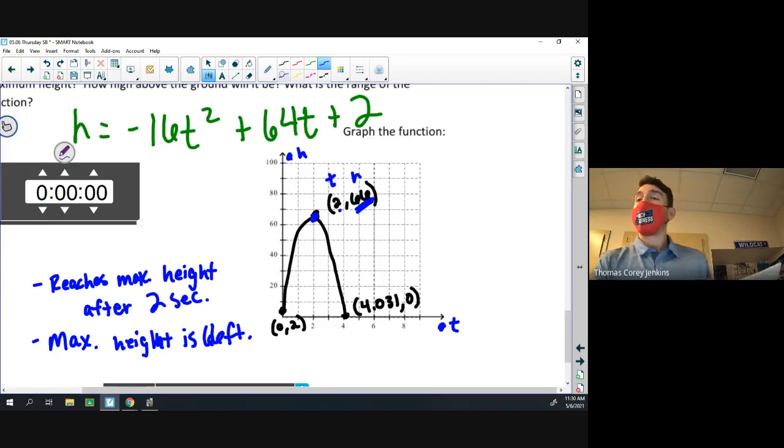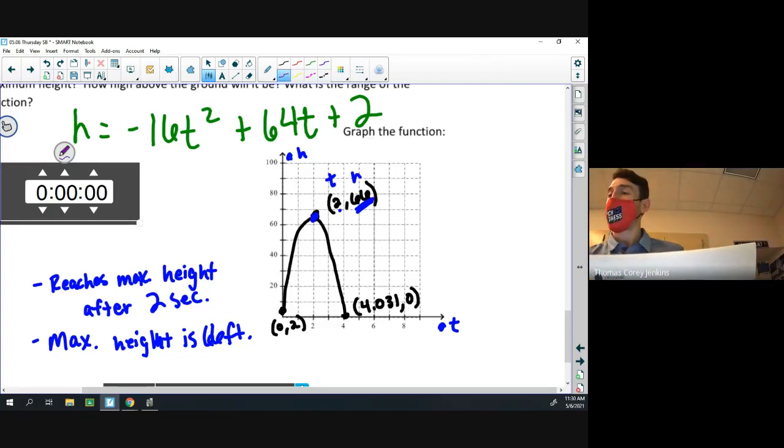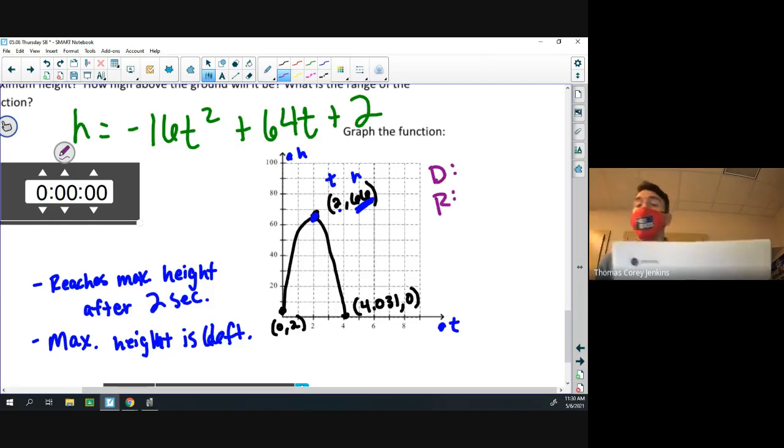And then domain and range. This part is probably going to be your toughest part. All right, so anybody want to take a shot at the domain if you feel like you really get it pretty well?